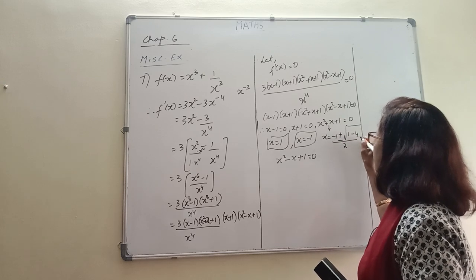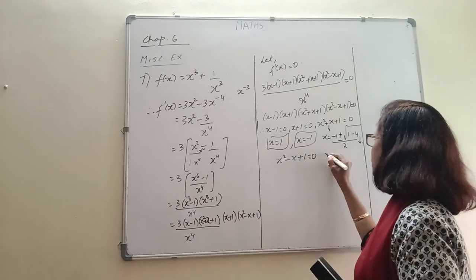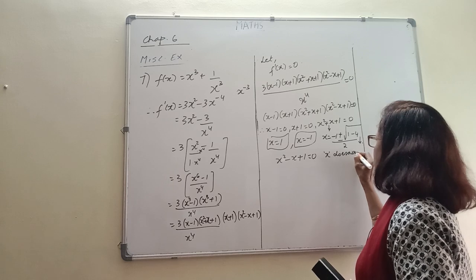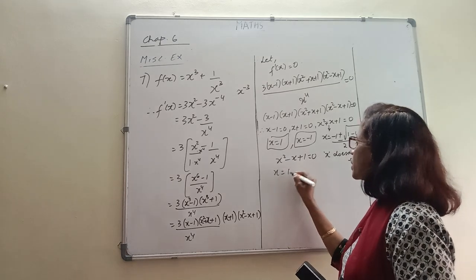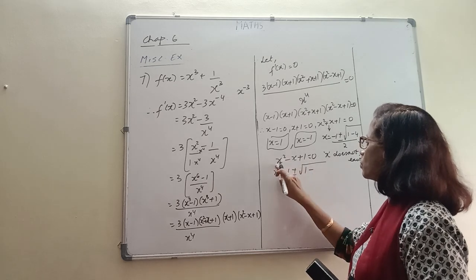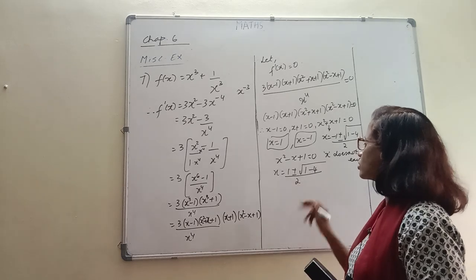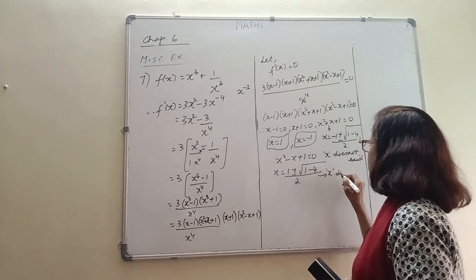So this is a negative root. Because this is a negative root, x does not exist. Same way here, minus b is 1 plus or minus root of b squared, which is 1, minus 4ac, over 2a. Again, this also is a negative root, so x value does not exist.